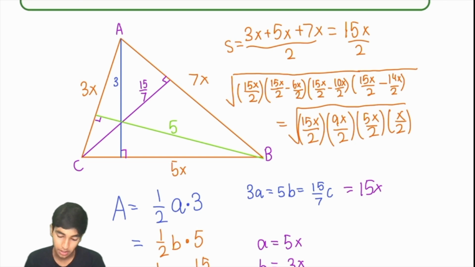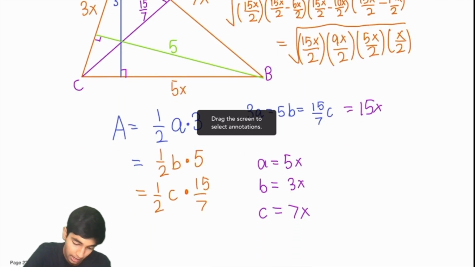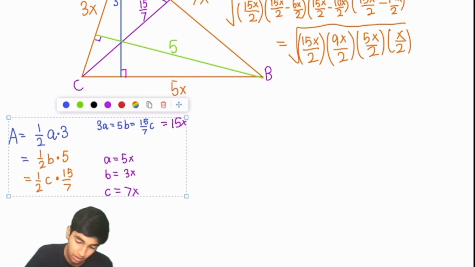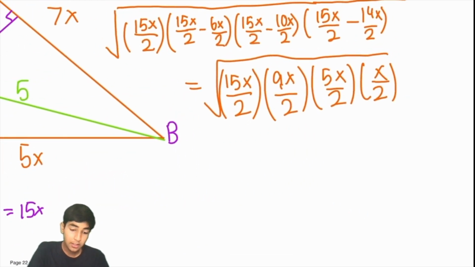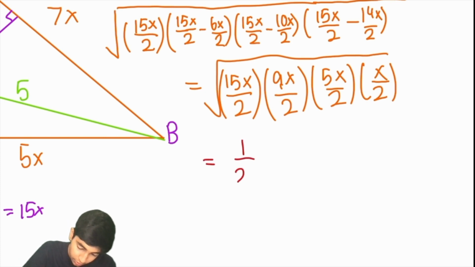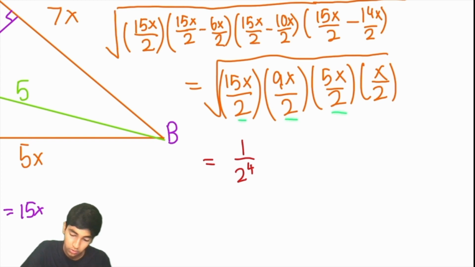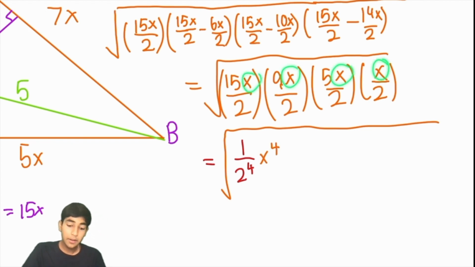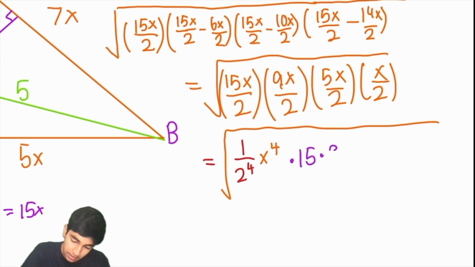Now, what is the square root of all that? Okay, so let's move this aside for now. We're already done with this part of the question. The easiest thing to notice here is we can rewrite this as 1 over 2 to the 4, because 2 four times, times the square root of this, of course, times x to the 4, because we've got 4 x terms, and then times 15 times 9 times 5.